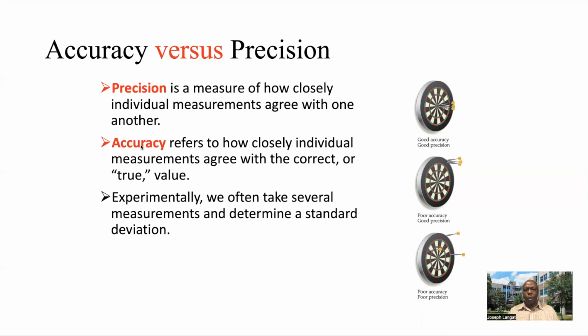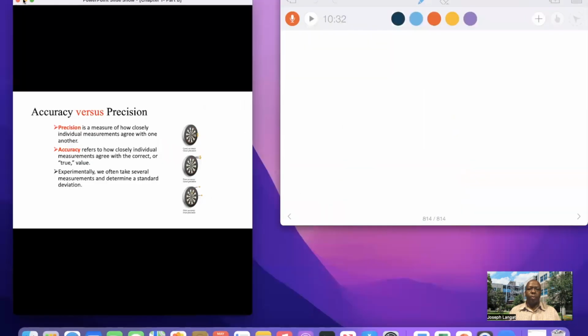Whenever we're talking about accuracy, each one of them is at the bull's eye. That's the target. Even though here we have good precision, they are close to one another, but poor accuracy. To be accurate, you have to be here. And this one is poor accuracy and poor precision. They are far apart. They are not close to any one of those.